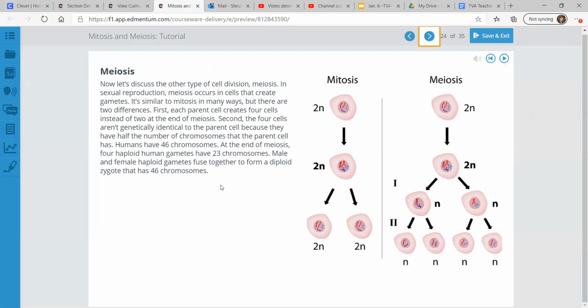Humans have 46 chromosomes. And at the end of meiosis, 4 haploid human gametes have 23 chromosomes. Male and female haploid gametes fuse together to form a diploid zygote that has 46 chromosomes.